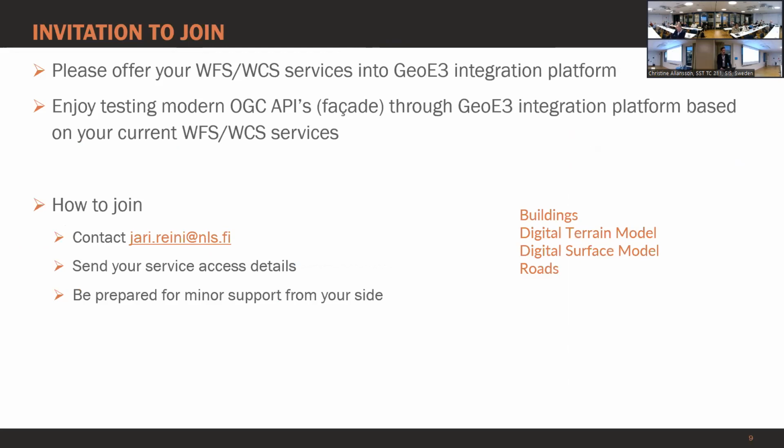So, an invitation to join. As we are right now in Sweden, in between Norway and Finland, there is a country, Sweden. It would be nice to have some building data from Sweden, maybe a digital terrain model as well, a surface model, and also roads.